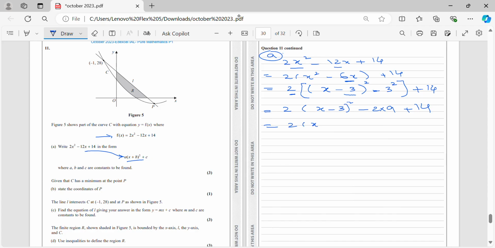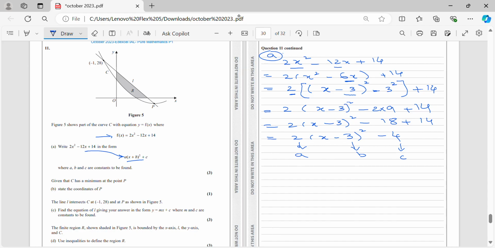So 2(x minus 3) whole squared minus 18 plus 14, and that is negative 4. So a is 2, b is negative 3, and c is negative 4.